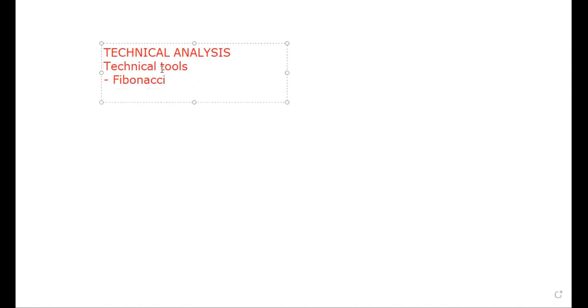Under Fibonacci, we have different types of Fibonacci. The first one is the Fibonacci retracement. The second one is the Fibonacci arc. And the third one is the Fibonacci expansion. So these are some of the technical tools when it comes to analyzing the market.